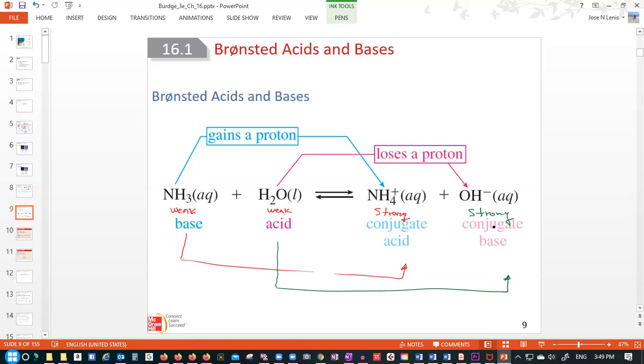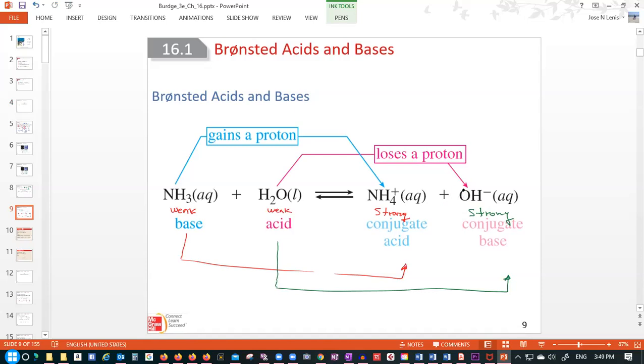Also, notice that we have an equilibrium in this reaction. In acid-base reactions, you will not always see this equilibrium situation. That means if this is a weak reaction forming strong products, what would you say about the position of the equilibrium?